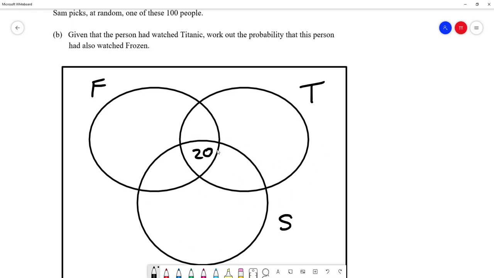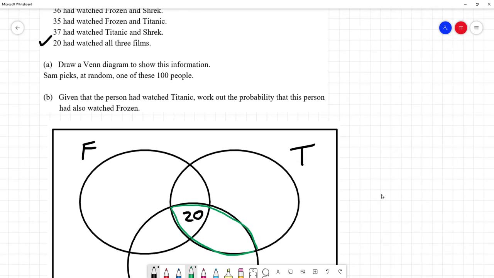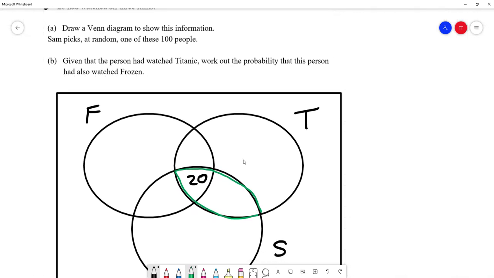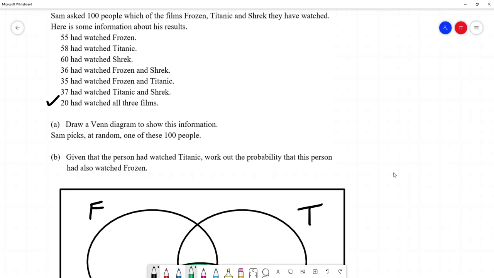So this intersection, which I'm going to highlight in green, is people that watched Titanic and Shrek. Now we know that is 37. So the whole section must add up to 37. I've already got 20 people there, so I need to add on 17 more people. Then I go back to my list and say, right, that's done.